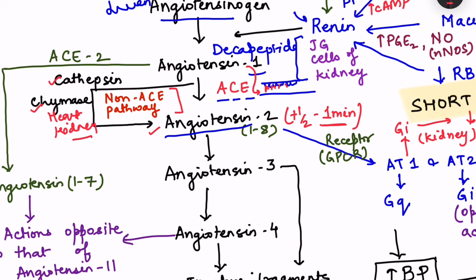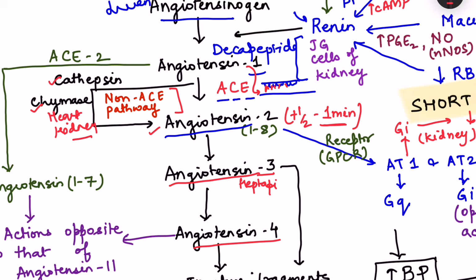Now this angiotensin 2 is converted to angiotensin 3, and you see angiotensin 2 is an octapeptide. That means it has 8 amino acids and it is written as 1 to 8. Now angiotensin 2 is converted to angiotensin 3, which is a heptapeptide, that is it has 7 amino acids, and angiotensin 3 is in turn converted to angiotensin 4.